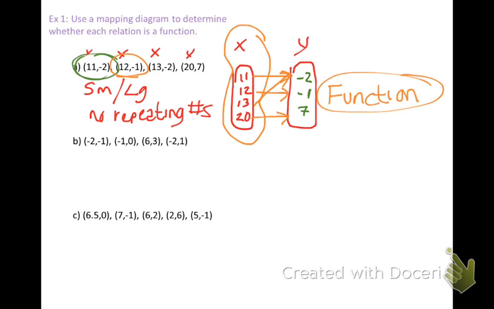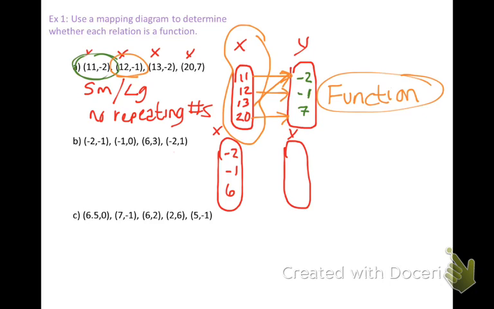Let's look at B. So you're going to write your x's. The smallest number here again for X is negative 2, negative 1, and then 6. Again, negative 2 comes up again, but that's okay. We just leave it, and now we do the Y's.